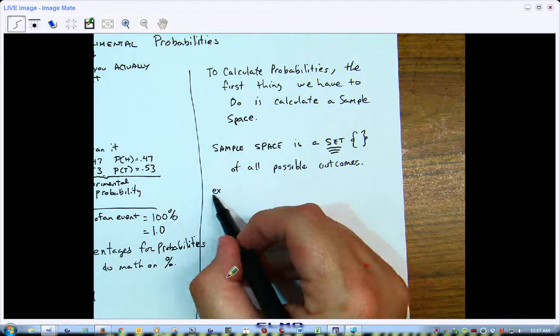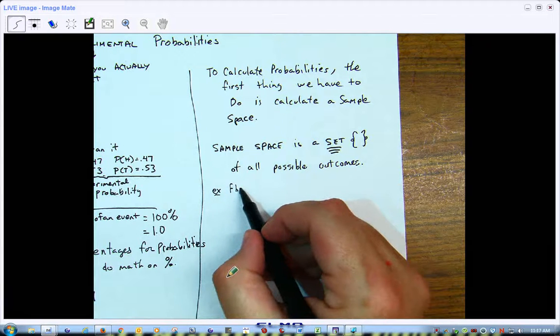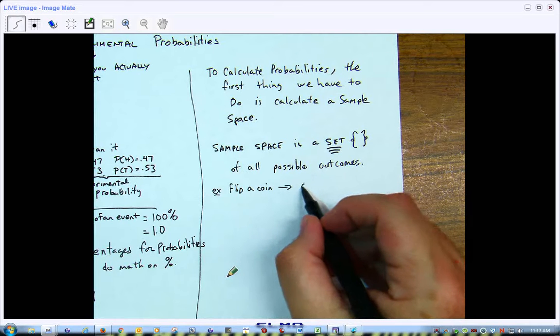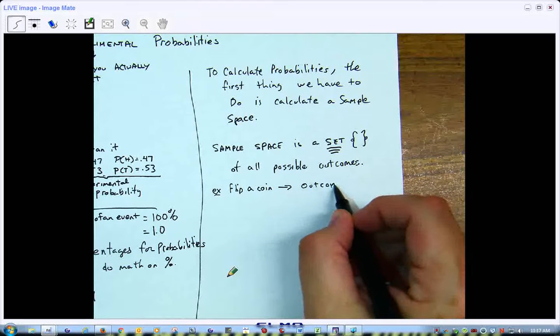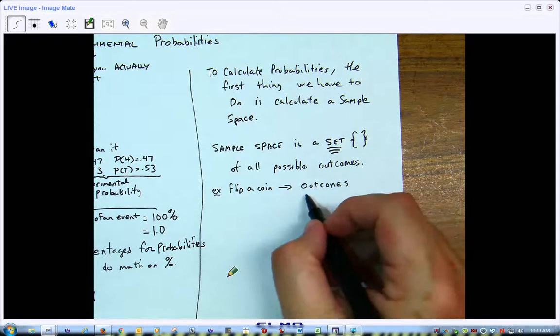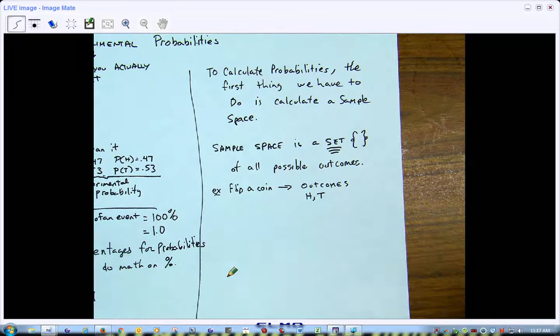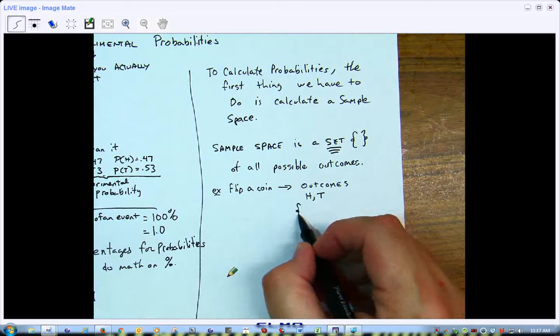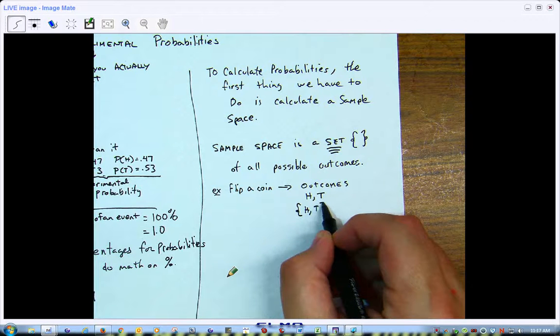Like, for example, you flip a coin. What are the outcomes? Heads or tails? And so if we were to write them, we'd write it like this: heads or tails.